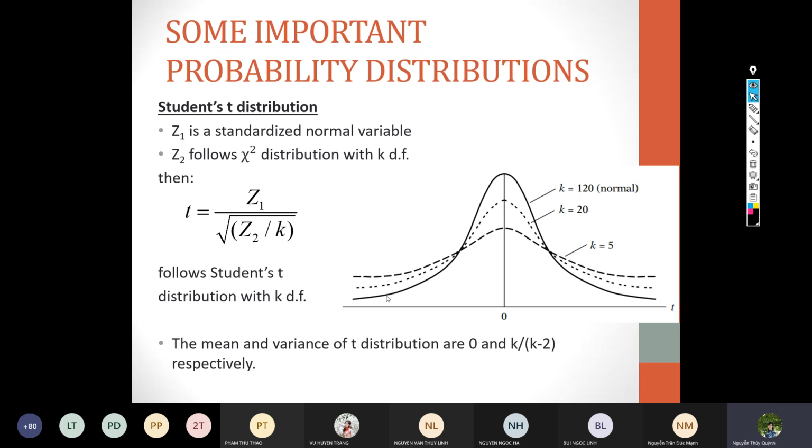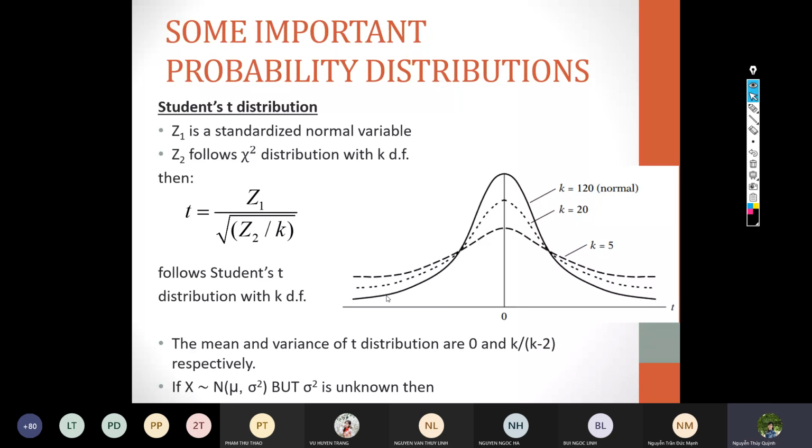If we have x following a normal distribution with the expected value of mu and the variance of sigma square, but in this case we do not know the exact value of sigma square, we have to use the sample variance to estimate the population variance.